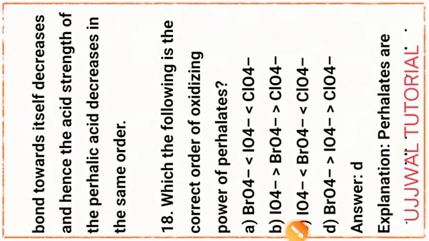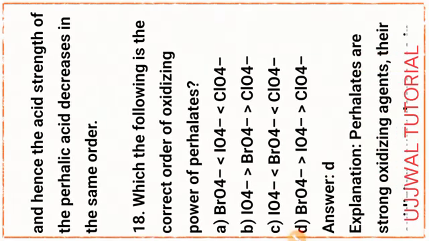Okay. Next question, question number 18. Which of the following is the correct order of oxidizing power of perhalate? That is option D, that is BrO4 minus greater than IO4 minus greater than ClO4 minus.